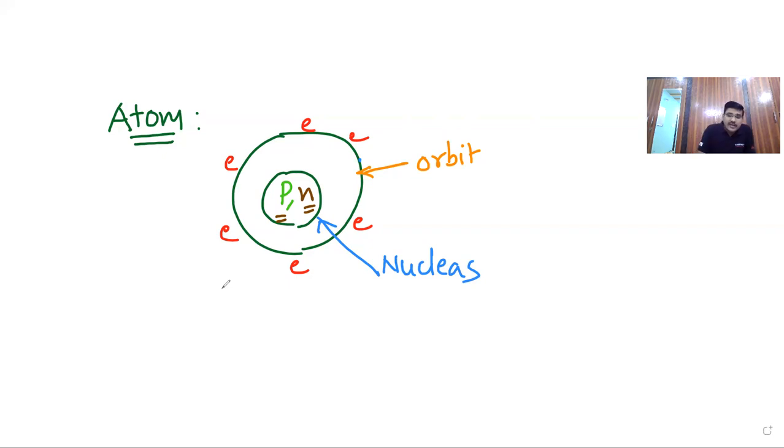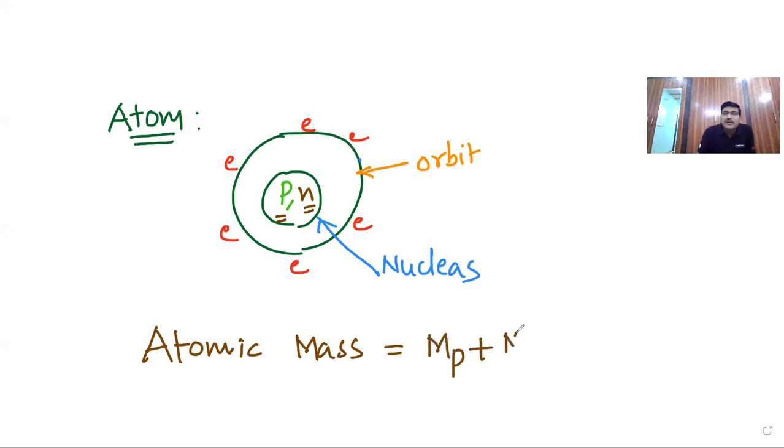Clear? So here I write clearly that the atomic mass of an atom is equal to, concentrating on the entire nucleus, where protons and neutrons are there, the complete mass of protons plus the mass of neutrons.